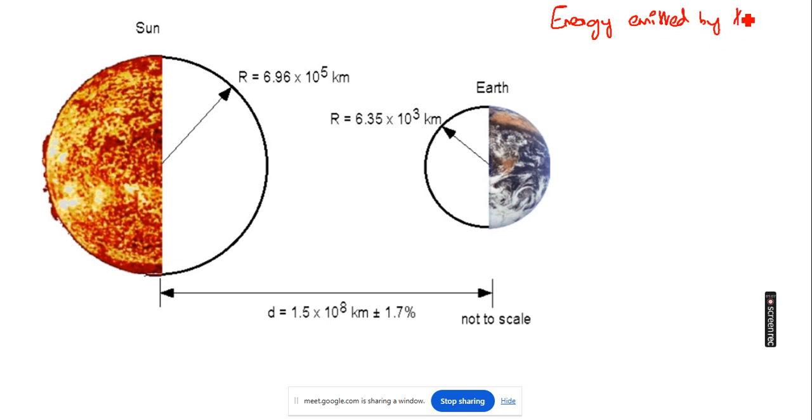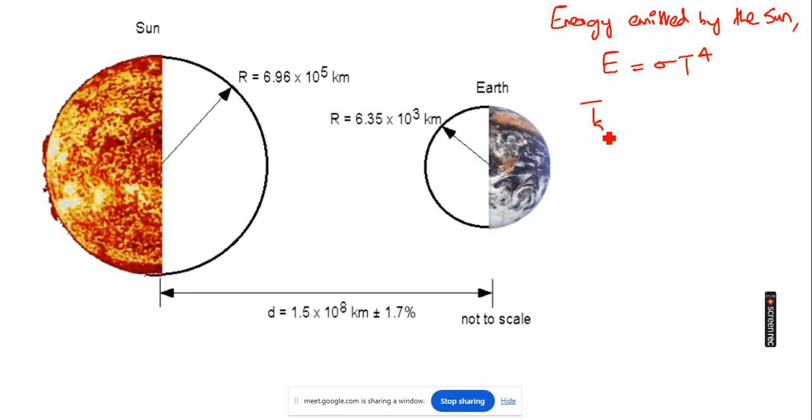In that case, according to the Stefan-Boltzmann law, what will be the energy emitted by the Sun? You remember the law? The energy emitted by a black body is given by E equals sigma T raised to 4, where sigma is the Stefan-Boltzmann constant and T is the temperature of the Sun.